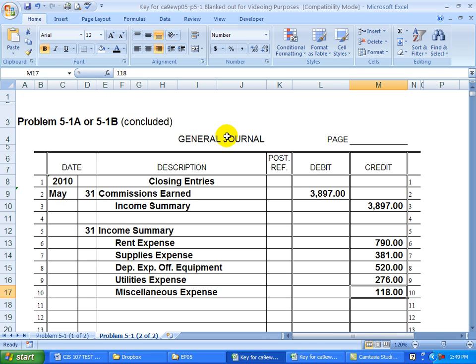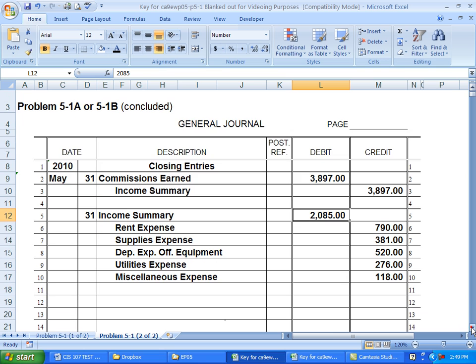Now when we add up all of these credits, we would know that our debit would have to be the sum of these. So that would be $2,085. So right off the bat, we know we have revenue of $3,897. Our expenses are $2,085, so we know that we have a net income this month.